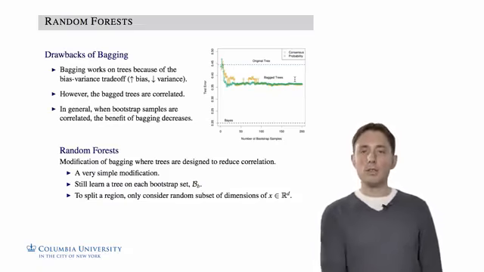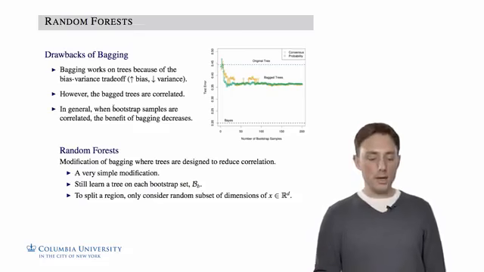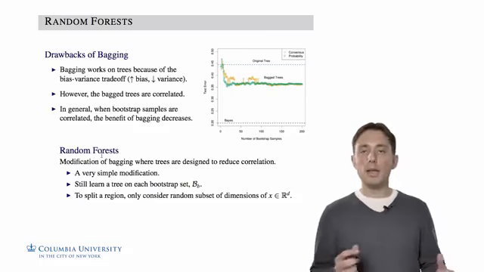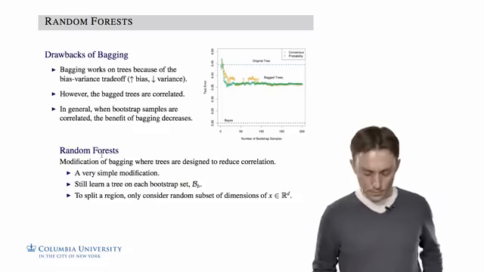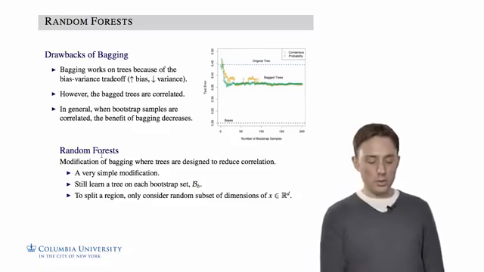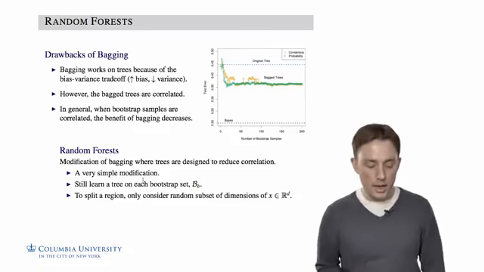However, as described, there is a certain limit to the performance, and in general, the reason is because each of these trees that we learn is highly correlated with each previous tree. And so that's why we need more different trees. So the way that we can reduce correlation is by making a simple modification.